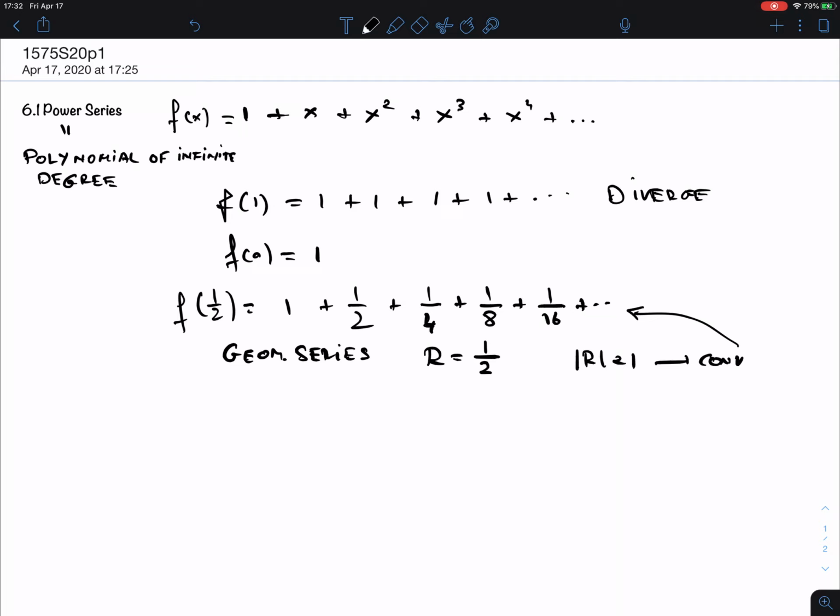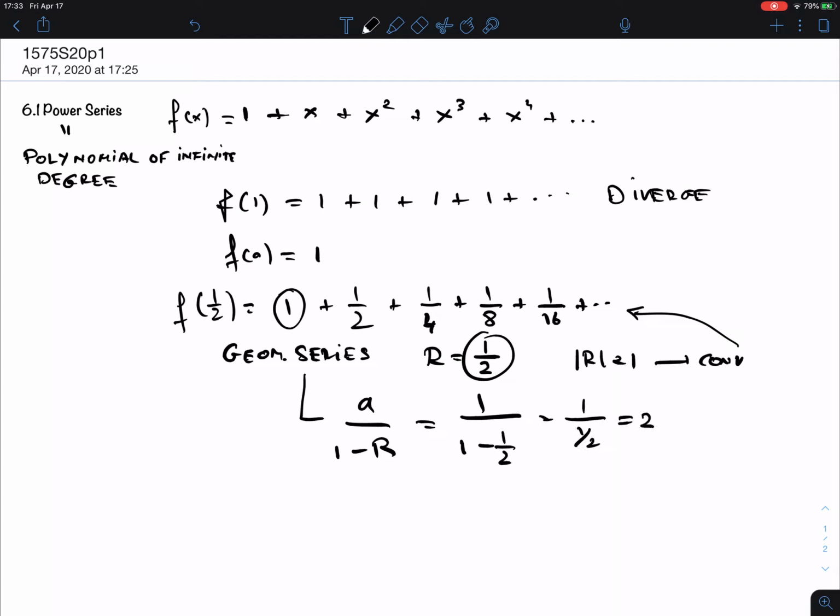In this particular case, which is kind of unusual, we even know what it is, because we have a formula for it. The formula is a over 1 minus r. And in this case, a is the first element, 1, and r is what we have here. So this would be 1 over a half, which is 2.